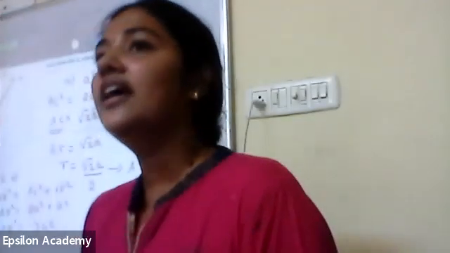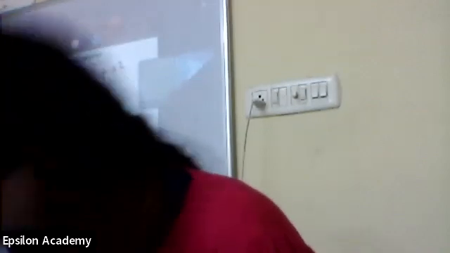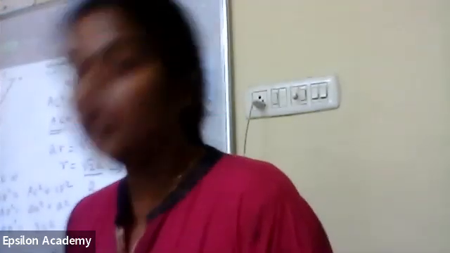Correct? Yes or no? Now, capital R divided by small r plus small r divided by small r is equal to root 3 by root 2. Strike out the r and r, which means capital R by small r plus 1 is equal to root 3 by root 2. Now, capital R divided by small r is equal to root 3 by root 2 minus 1. Yes.